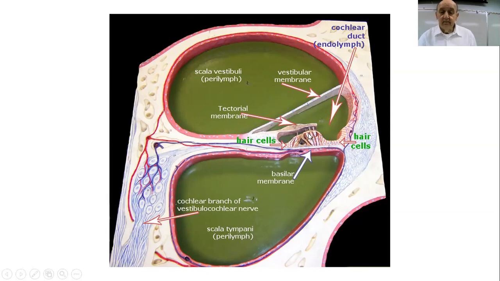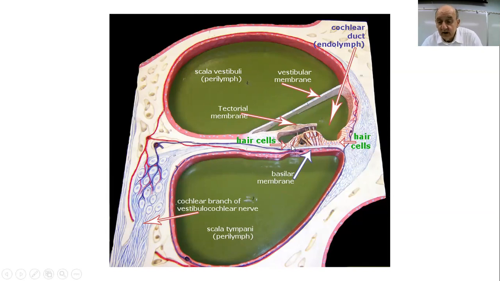So how do these hair cells possibly serve as receptors? As I mentioned, the cells need to be deformed physically. In lecture, we'll see a really good animation of this. Here, all I want to say is that as the pressure waves are rushing through the scala vestibuli and scala tympani, the two membranes start stretching and bending and moving.